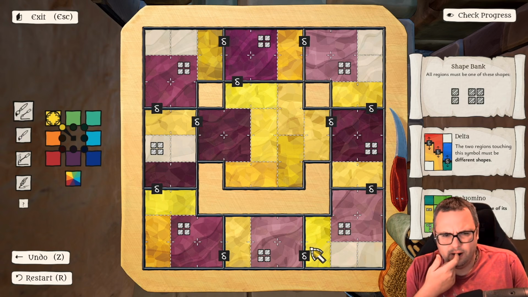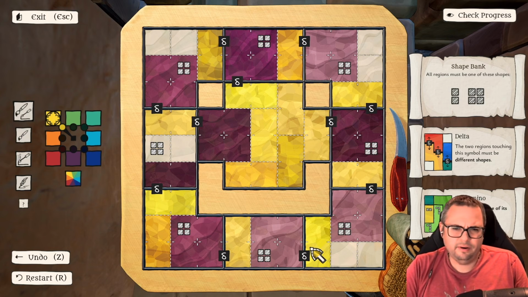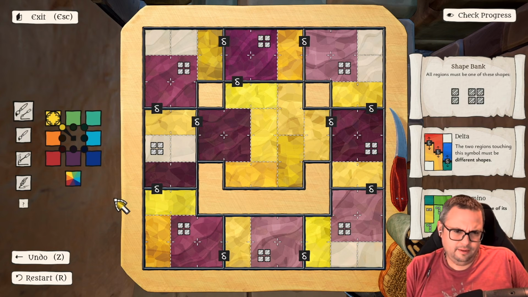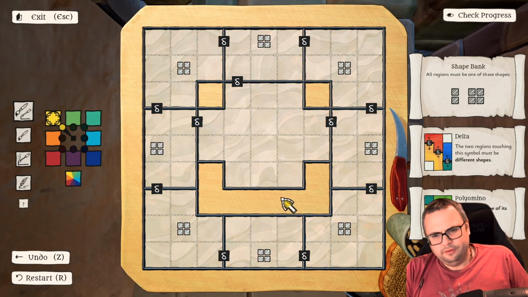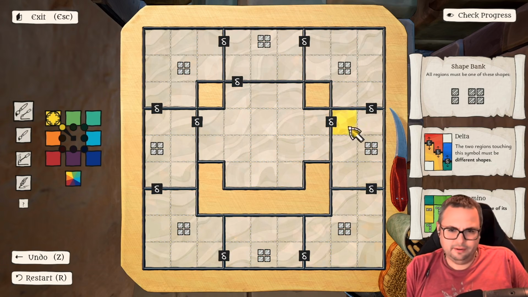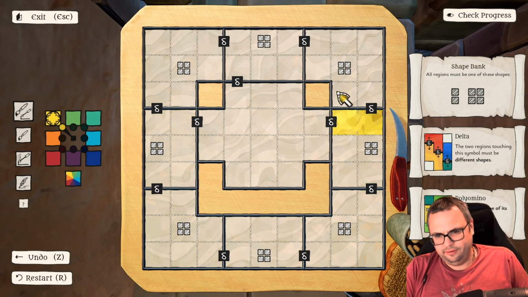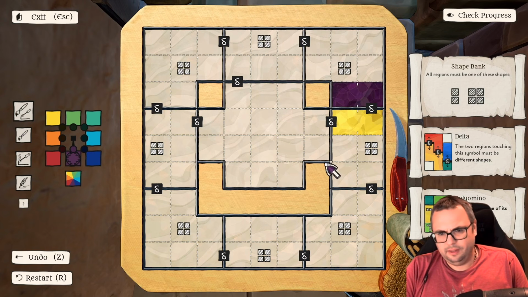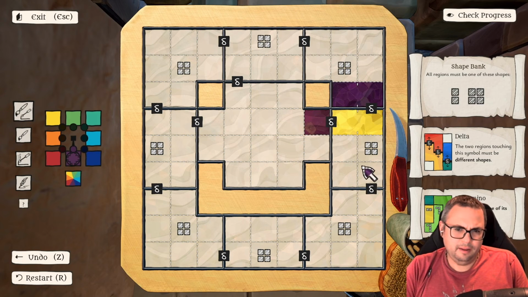Oh! I see, okay. I see what the point is now. Okay. So the point is we have this pattern on both sides. So we've got this yellow, purple, purple business.